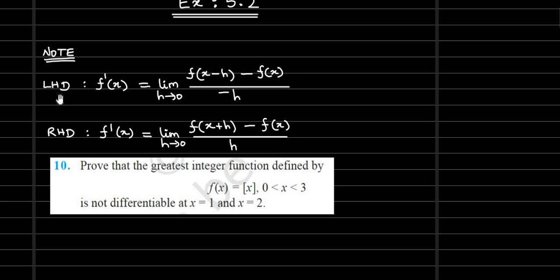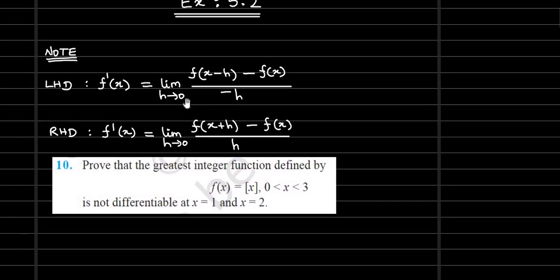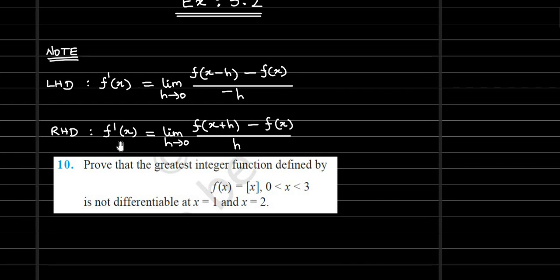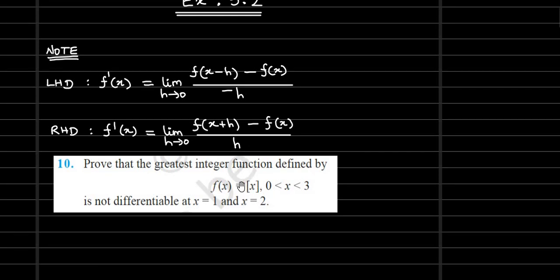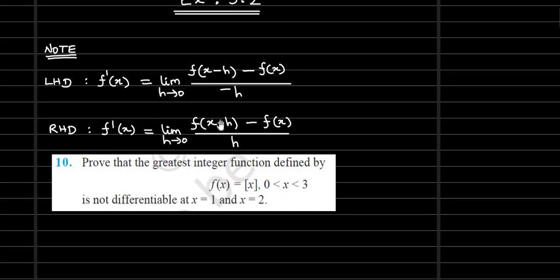Here I have given the left hand derivative formula: f dash of x equal to limit h approaching to 0, f of x minus h minus f of x by minus h. And the right hand derivative is f dash of x equal to limit h approaching to 0, f of x plus h minus f of x by h. So for the given function, first let's find the left hand derivative and right hand derivative, then in place of x, let's replace it with 1 and 2.